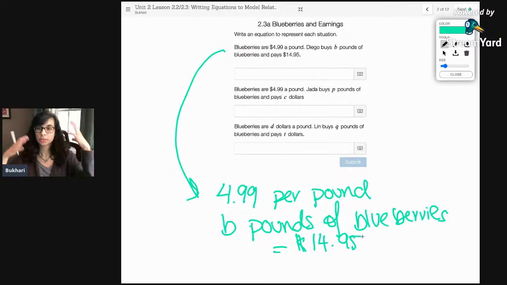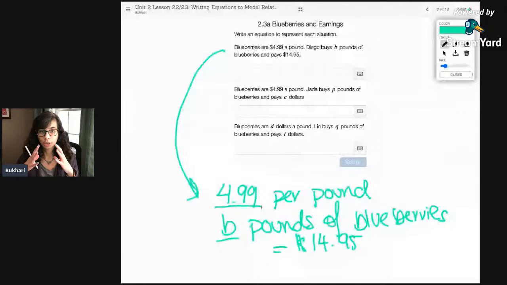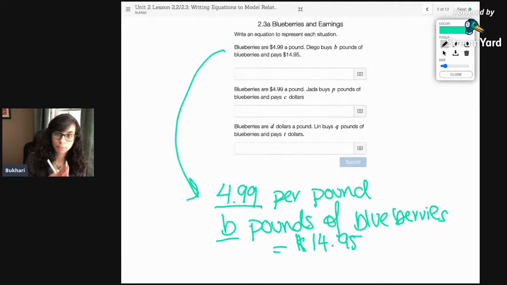And so now you want to turn this into an equation. We have a variable, we have our $4.99, and we know the total cost, the total amount that Diego pays is $14.95. And so how can you combine the 4.99 and the B pounds to equal your result? And I'll leave that up to you to get started with, and we'll be going over it together in class.